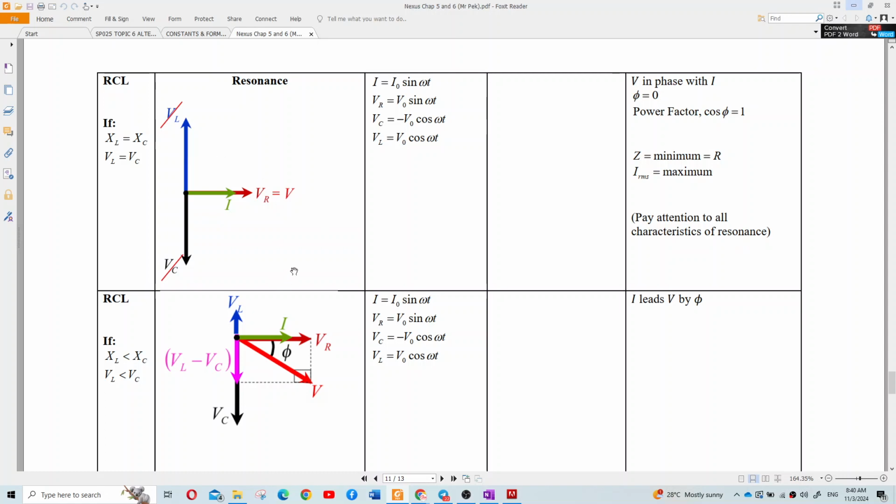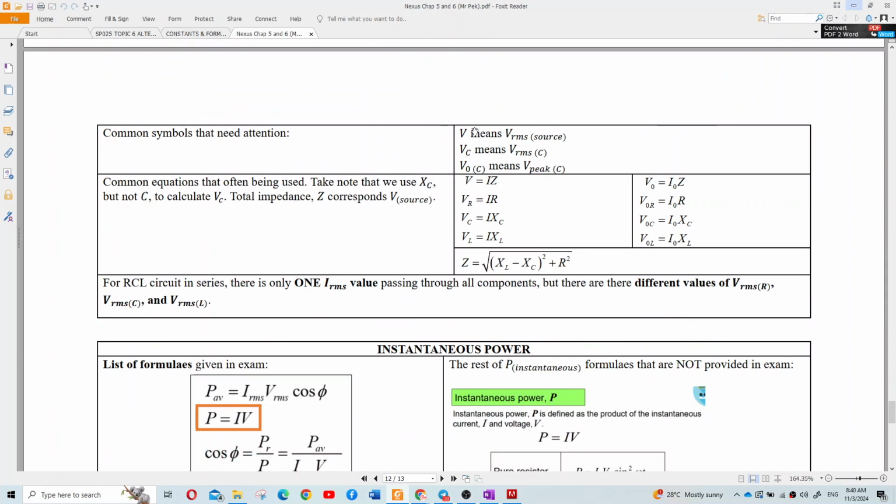Understand? Okay. I will explain what Z is later. In the circuit we have RCL: we have resistance, we have XC, we have XL. Combining all three gives the total impedance.